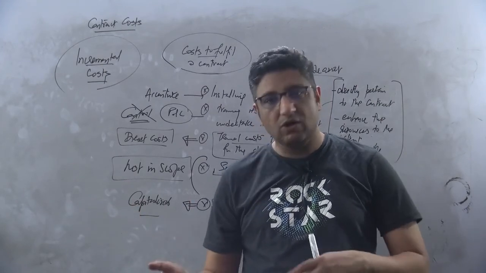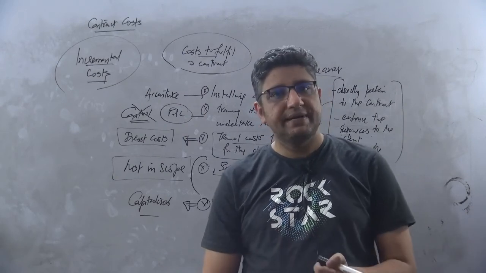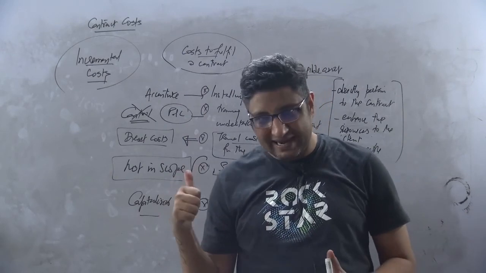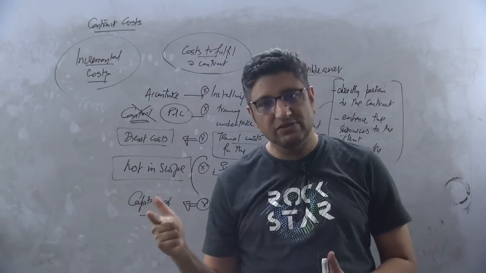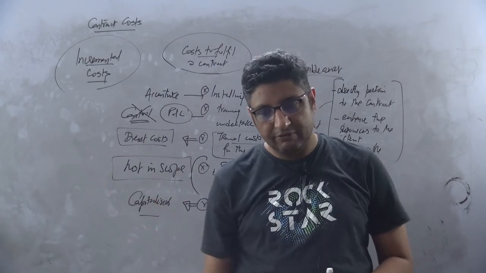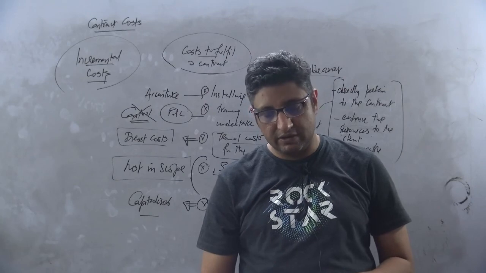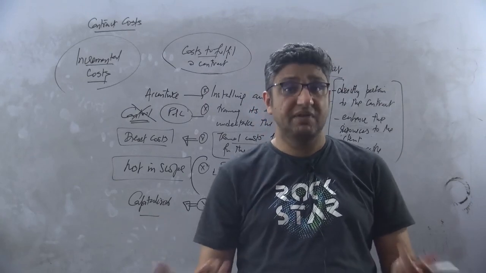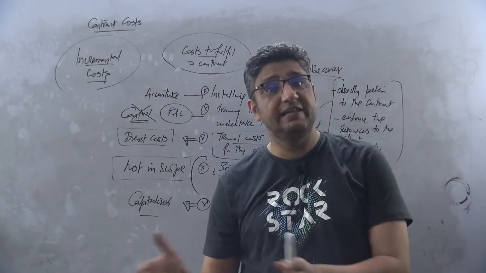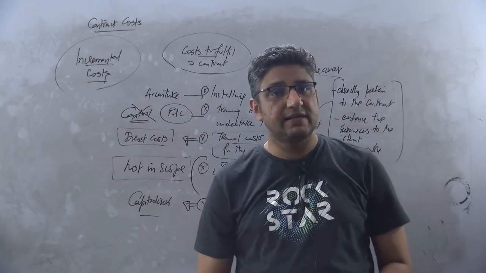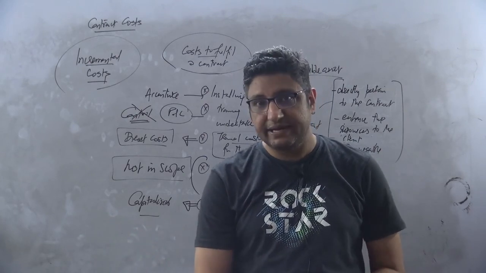And then the cost to fulfill the contract. Three parameters. One is that these directly relate to the contract. They enhance or generate resources for the client or the contract. And third, of course, these are recoverable as well. And accordingly, these shall be capitalized as a requirement of this particular standard. Okay.